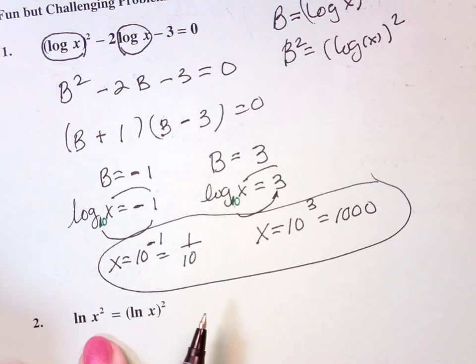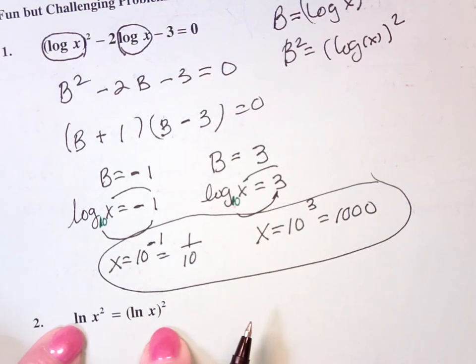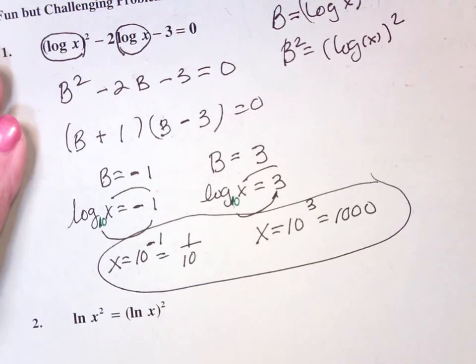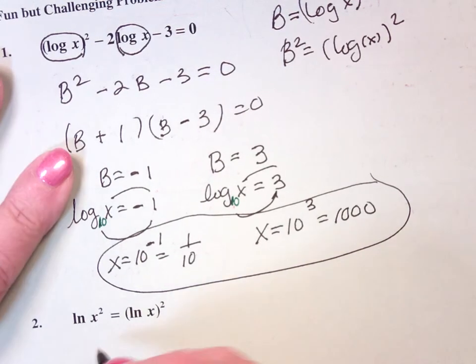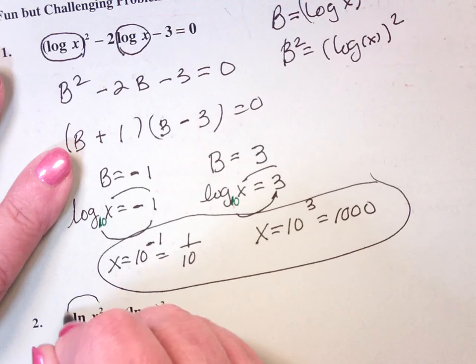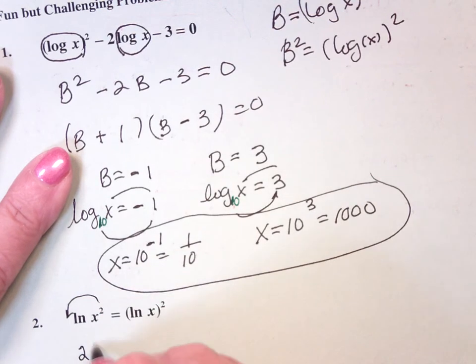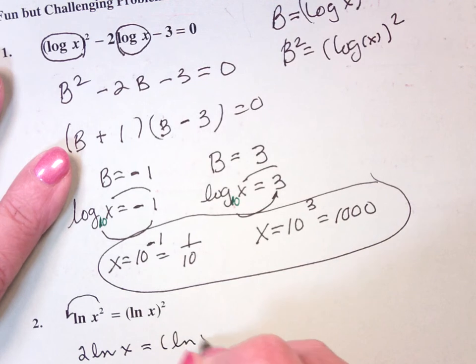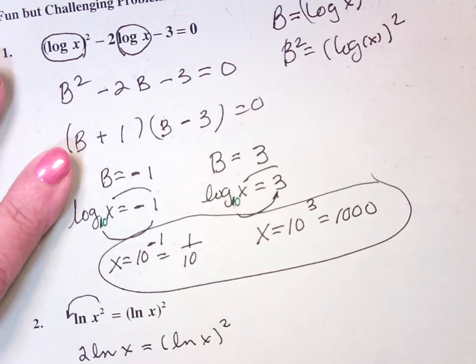And these two things are different. Here x is squared, and here it's the whole thing that's squared. But something that I do know is I can bring the 2 down in front. This is 2 natural log of x is equal to the natural log of x squared.